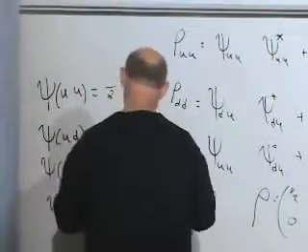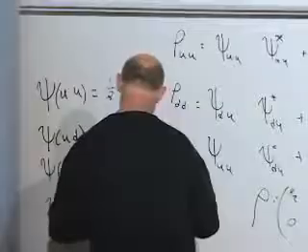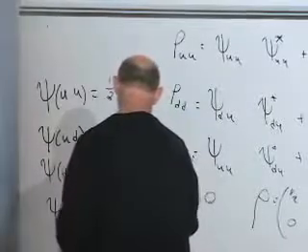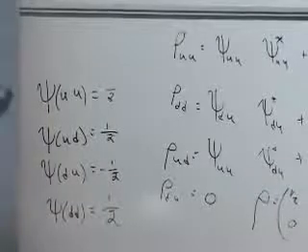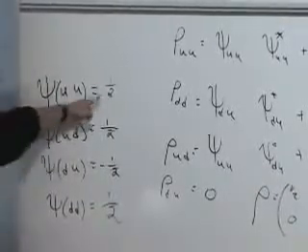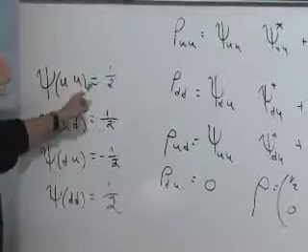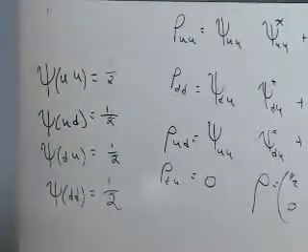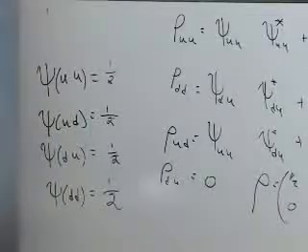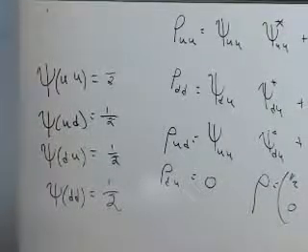Yeah, sure I do. 1/2 and 1/2. Now it's normalized, right? I have 4 psi star psi would give a quarter plus a quarter plus a quarter plus a quarter, no minus, plus, would give 1. So this is a normalized state with all entries equal to 1/2.